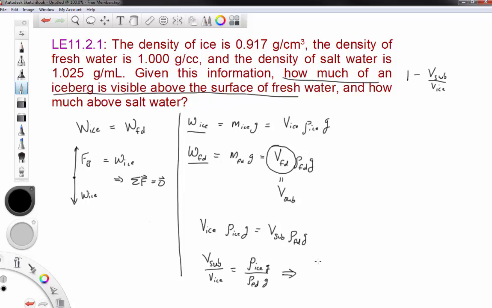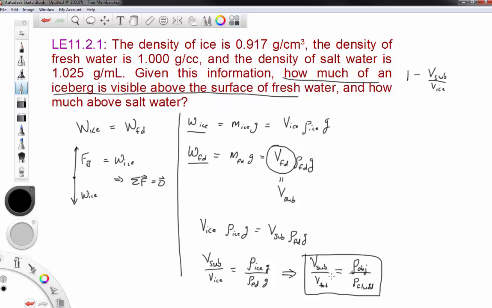And so in general, what this means is that the volume of the object which is submerged, over the total volume, should be the density of the object divided by the density of the fluid. So this is a true principle in general.